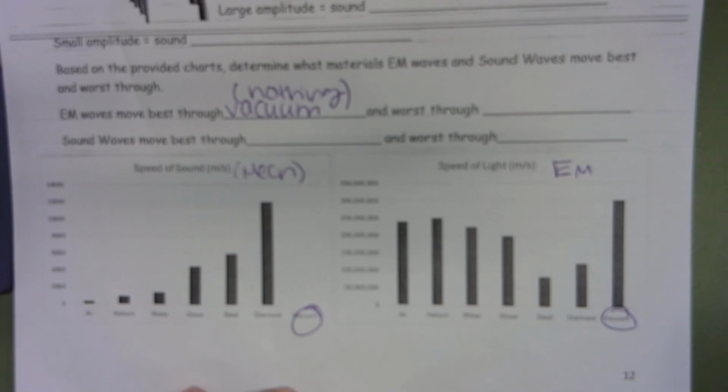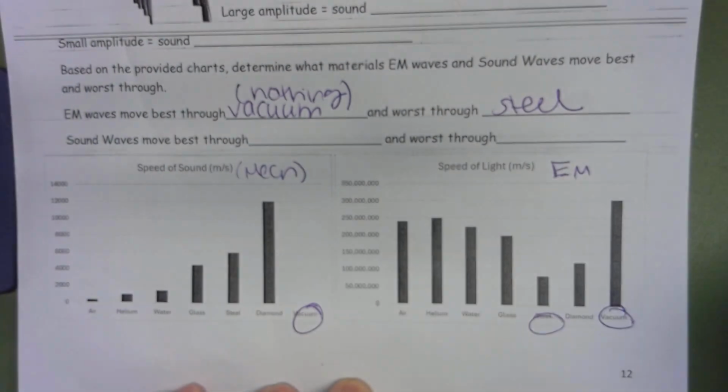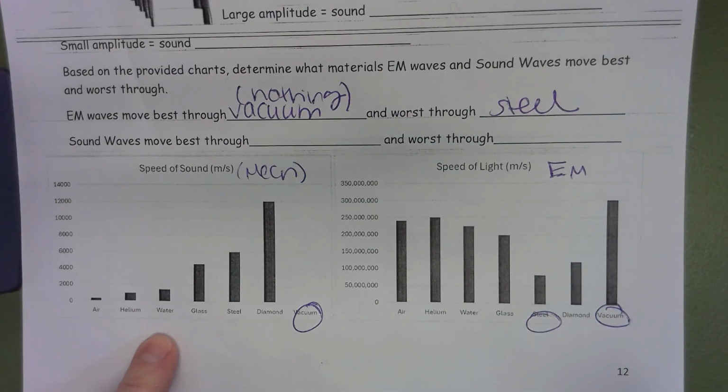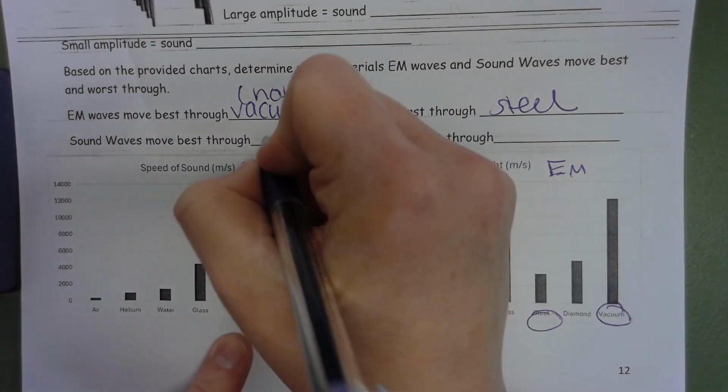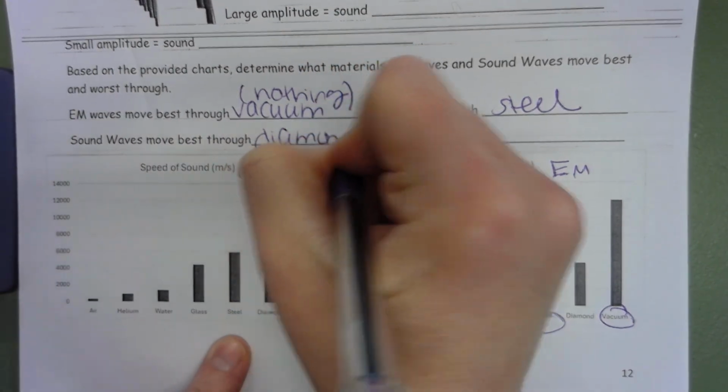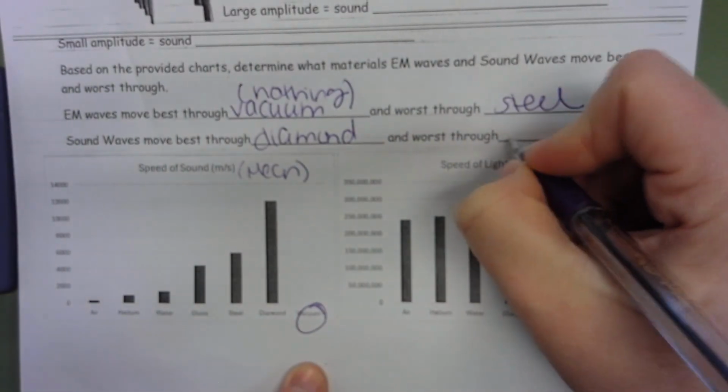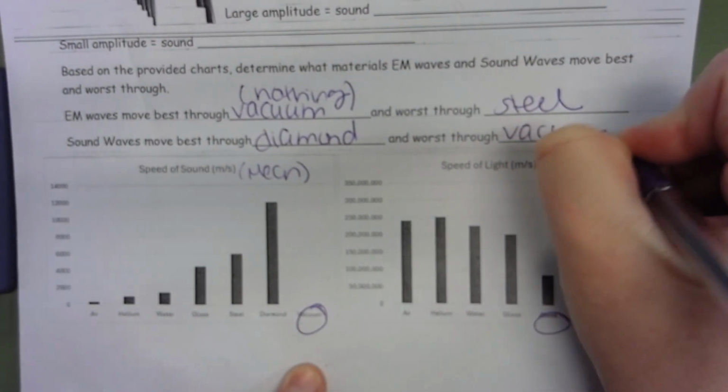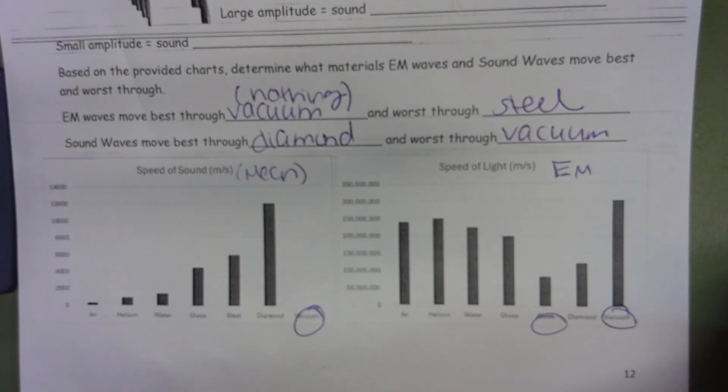And they travel worse through, if we look on our list, steel. For sound waves, we can see they move best through diamond and worse through a vacuum. They move well through diamond because it is a very dense material. The denser the material, the easier a mechanical wave is able to move through.